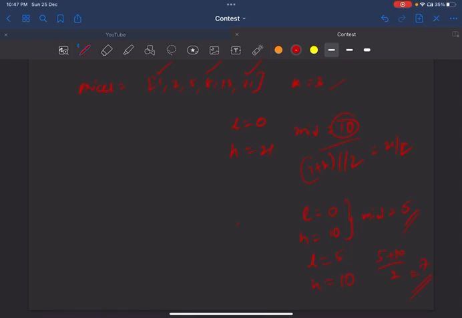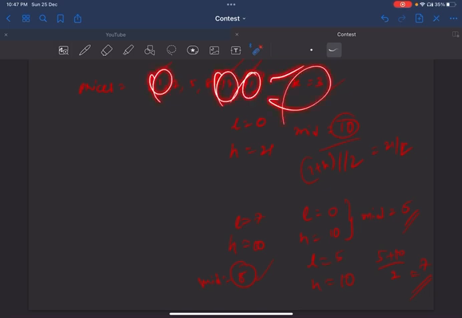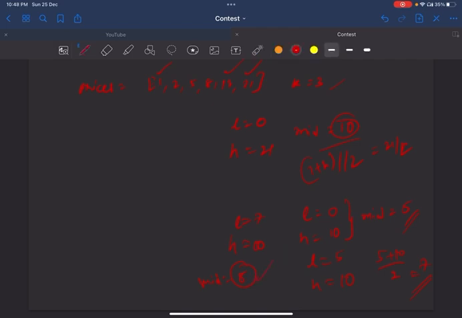Now L is 7 and H is 10 and the mid value for them is 8. Now we'll check for 8. In the same way, if you traverse through the array and see if the minimum difference is greater than mid or not and take that candy, you will find that these three candies fit into the basket and you can keep 8 as the answer. 8 is our possible answer and now we are checking for anything greater than 8.